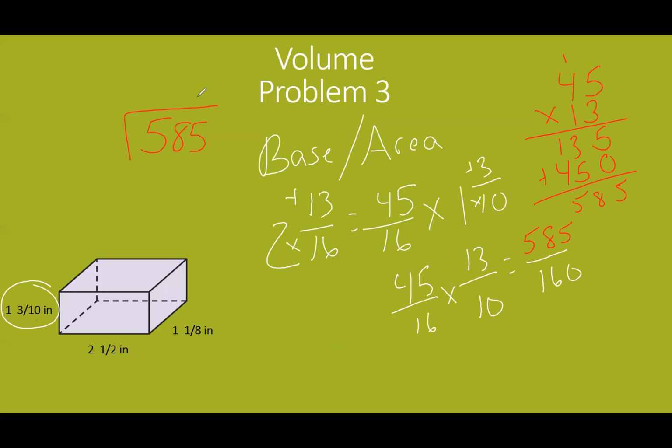585 divided by 160. Okay, I'm going to say 160 is like 150. And if I did 150, that's 300. And then another 150, that would be like 500.